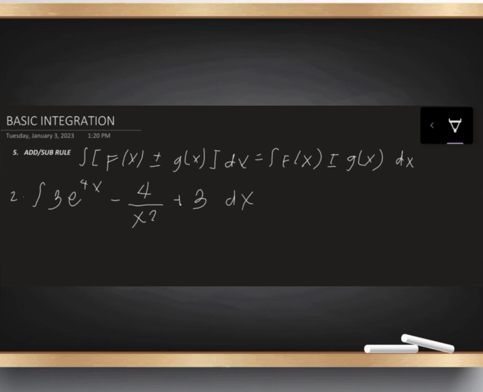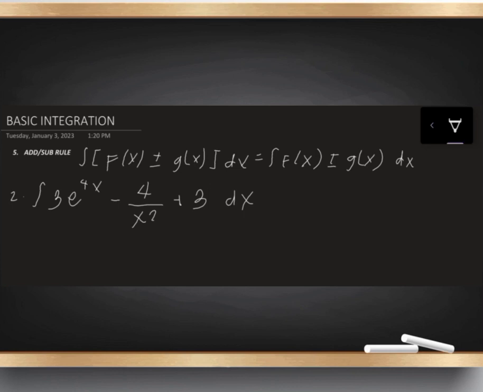So again, in here we can see that we can apply the power rule in minus 4 over x squared. Then we can apply the constant rule in 3 and the exponential rule in 3e raised to 4x.